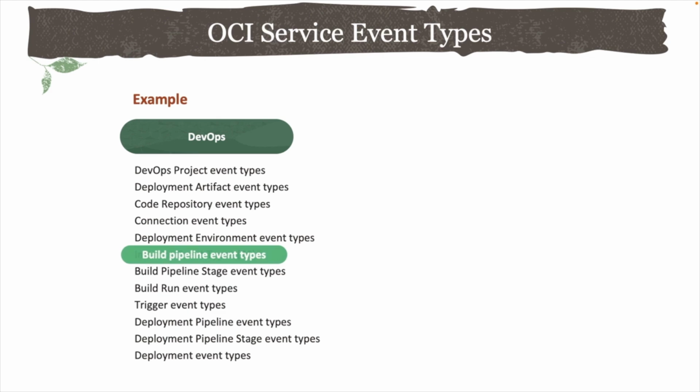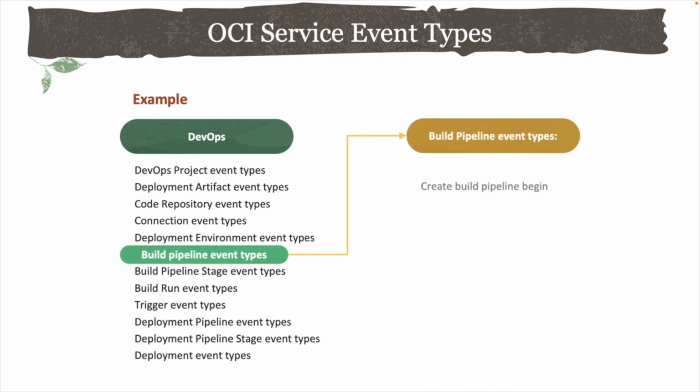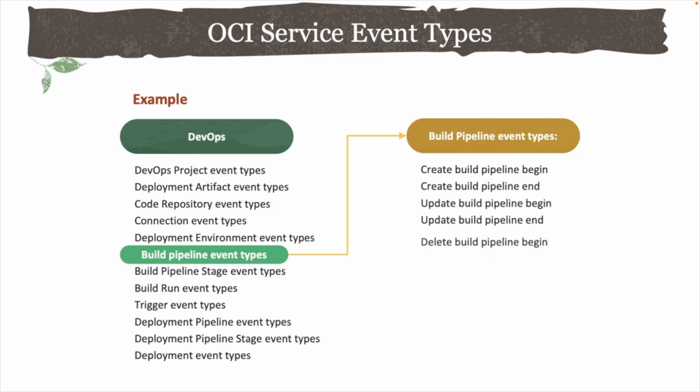For example, looking into the build pipeline, there are different events for each operation. Create build pipeline begin is when a build pipeline creation is initiated, and create build pipeline end is when it gets complete. Similarly, when a pipeline is updated or deleted, the service provides you events from the time the task was initiated and then when it was complete.